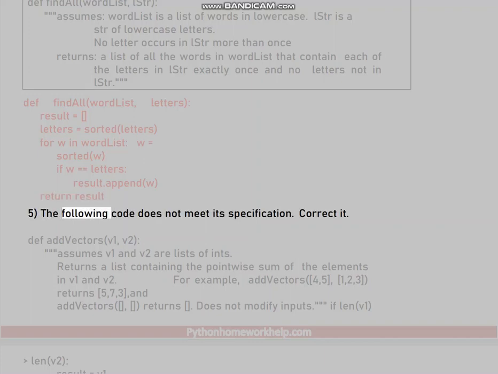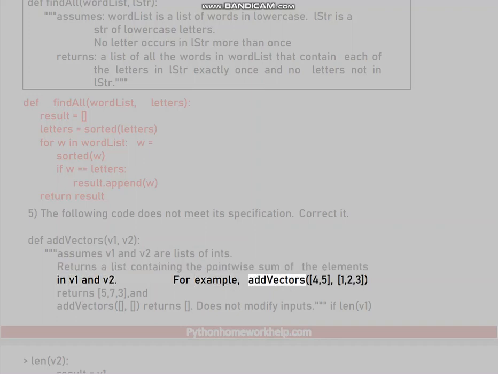5. The following code does not meet its specification. Correct it. def add_vectors(v1, v2): assumes v1 and v2 are lists of ints. Returns a list containing the pointwise sum of the elements in v1 and v2.